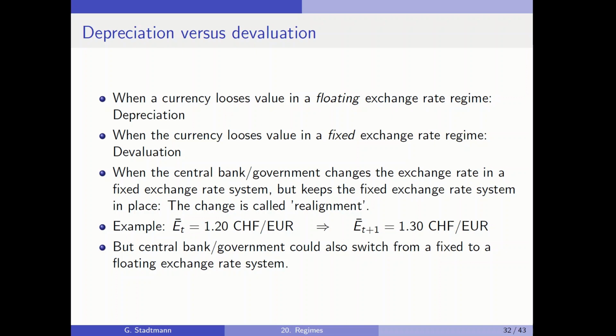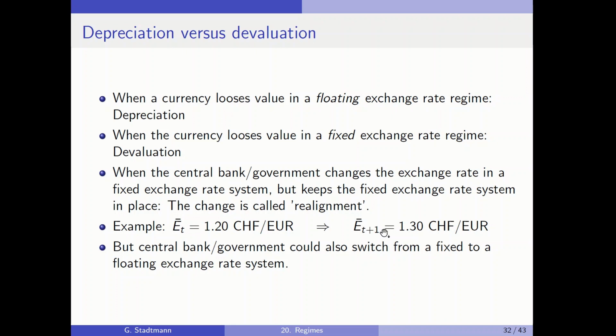For example, in period T, there is a fixed exchange rate system in place. The exchange rate is fixed at 120 Swiss francs per euro, but then in period T plus 1, a change occurs. Suddenly, the exchange rate is fixed at the level of 130 Swiss francs per euro, but still we have a fixed exchange rate system in place.